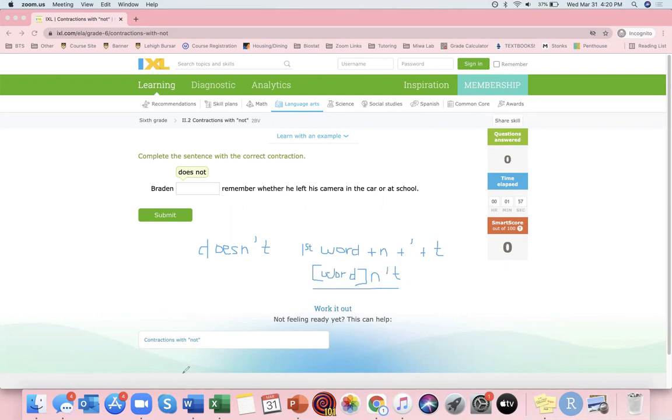So we will follow that rule for everything. Let me just erase this example, then we can get started.